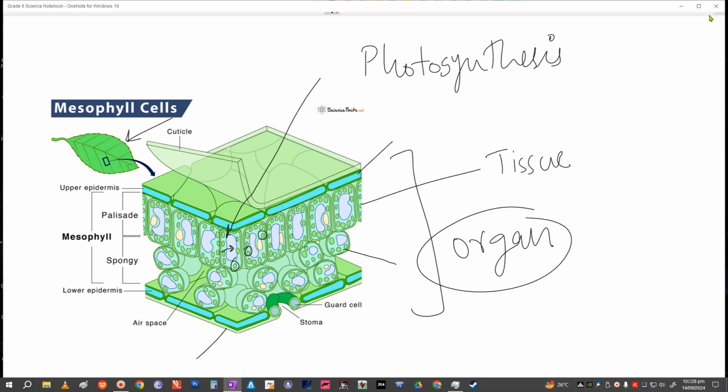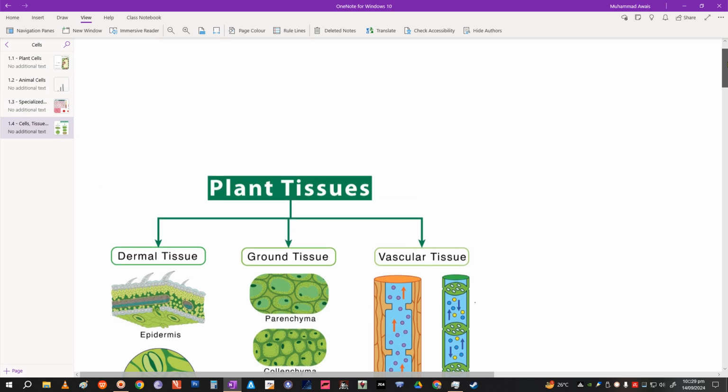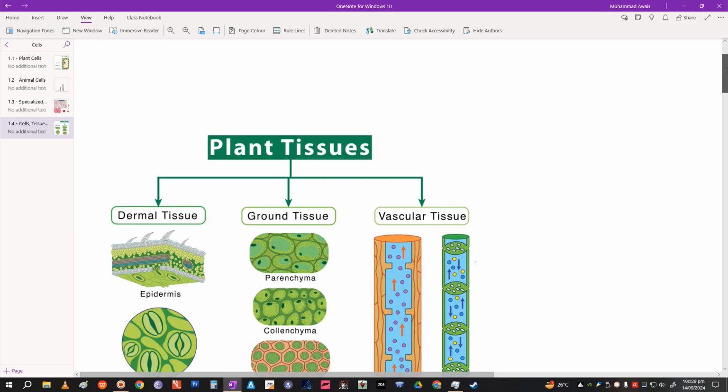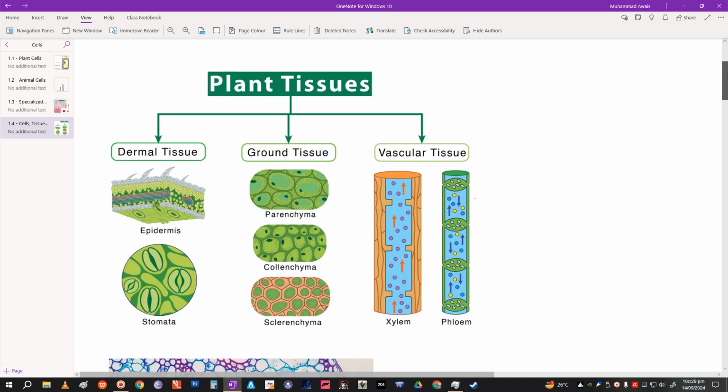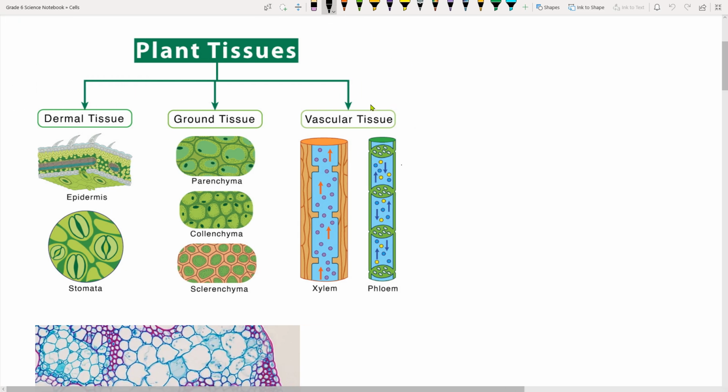Okay, now moving into the final topic, which is cells, tissues, and organs, right? So as I said, different cells work together forming tissues, and different tissues join together to form the organ. As you can see over here, you have this xylem, right? I discussed in the class, and the phloem, right? This carries the nutrients in plants, and the xylem carries water in plants.